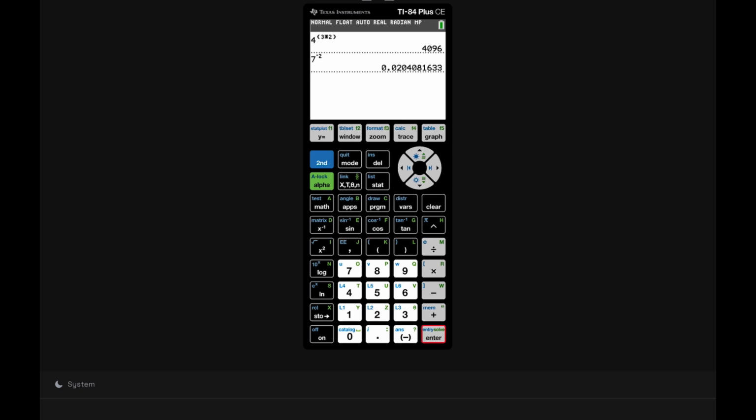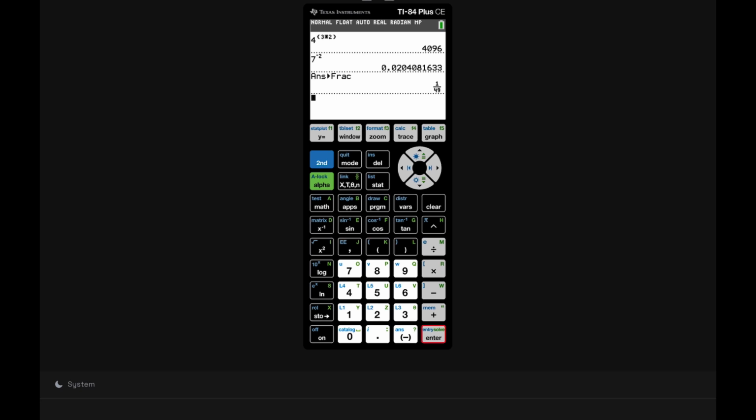So watch the buttons on the calculator here and then make a note on your notes. If you hit the math button, you'll see it's in red on your screen. Right below the second and alpha button is math. The very first entry is turn it to a fraction. So you just hit enter and then hit enter again to tell it that's what you want it to do.